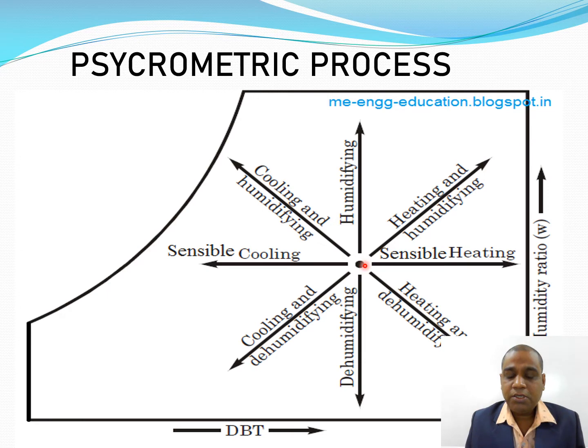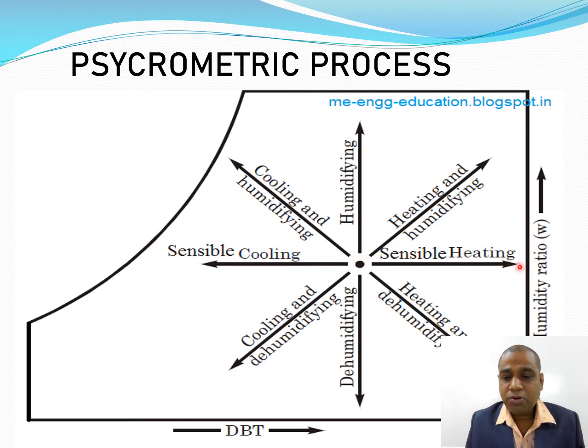Initially, suppose the different parameters of air are represented by this point. Then we use a heater to increase the dry bulb temperature of air, so that after heating, it will reach that point here. This is the arrow point. Suppose after heating, the properties of air will reach up to this point.